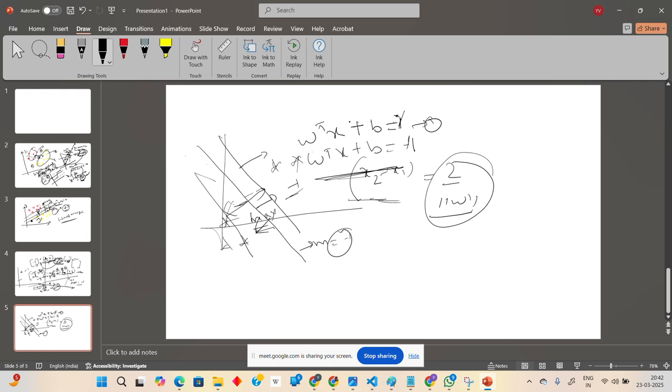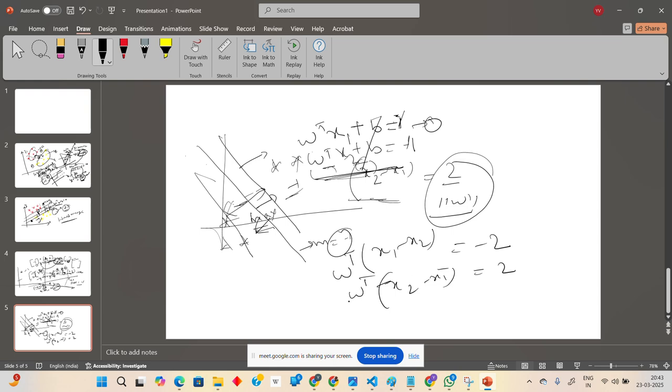If you subtract these two equations, with x1 and x2 as the points, x1 minus x2 times W transpose is equal to minus 2, isn't it? If I take the minus common, then x2 minus x1 times W transpose equals plus 2, isn't it?